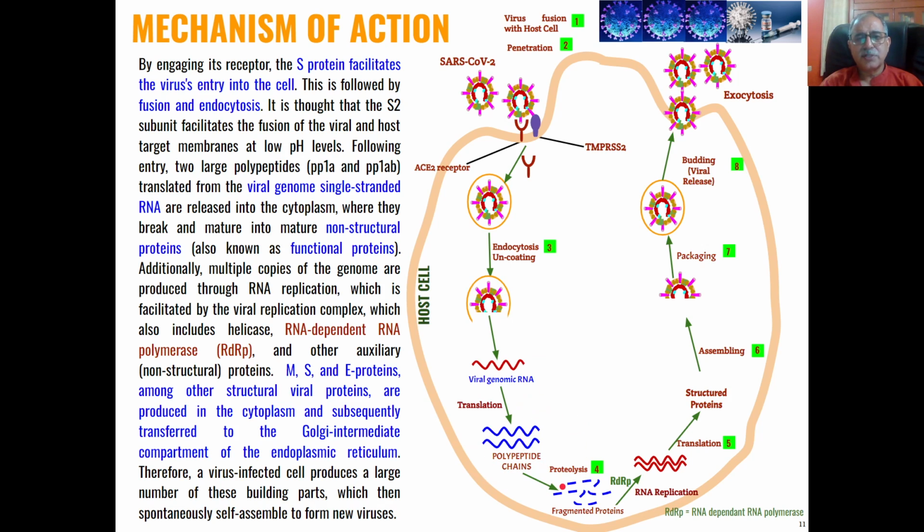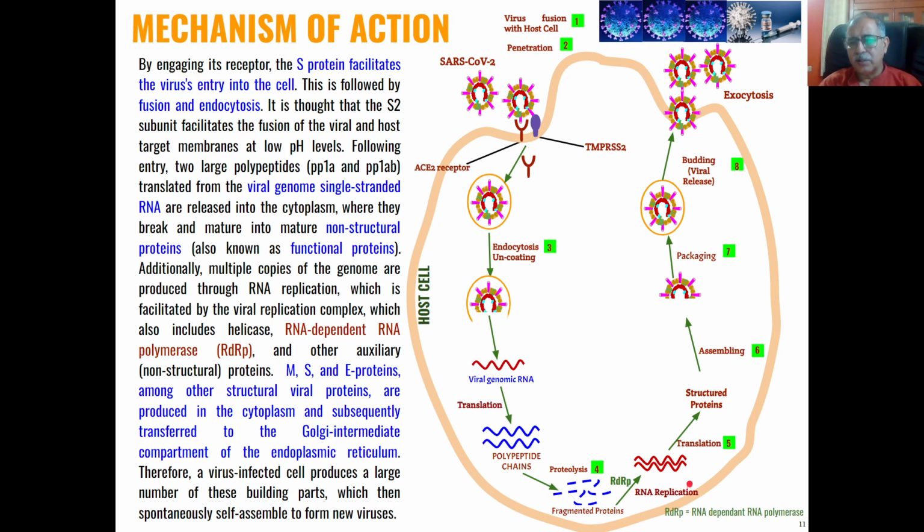These non-structural proteins, or fragmented proteins or functional proteins, undergo RNA replication, which is facilitated by the viral replication complex, which also includes helicase or RNA-dependent RNA polymerase and other auxiliary non-structural proteins.